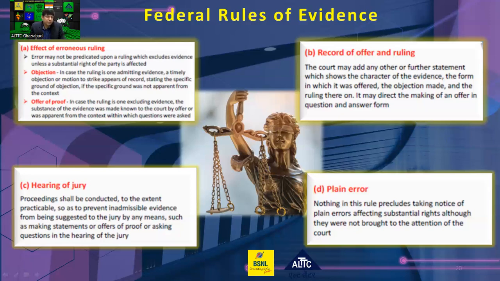Third rule is hearing of jury. Proceedings shall be conducted, to the extent practicable, so as to prevent inadmissible evidence from being suggested to the jury by any means, such as making a statement or offer of proof or asking questions in the hearing of the jury.